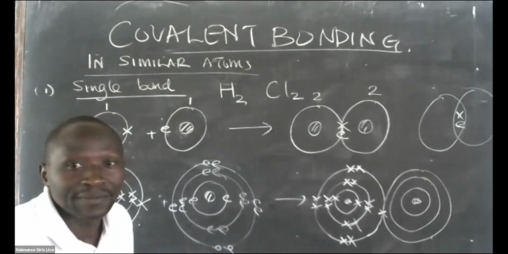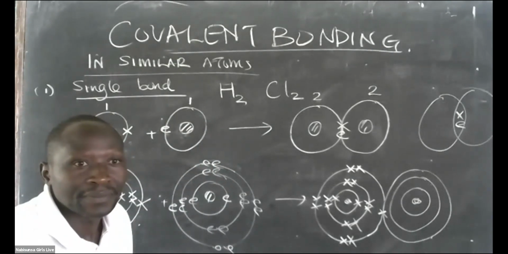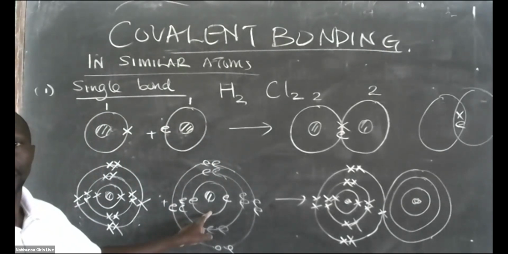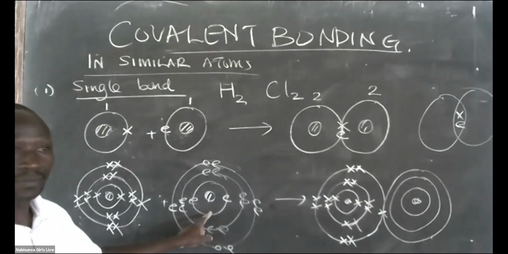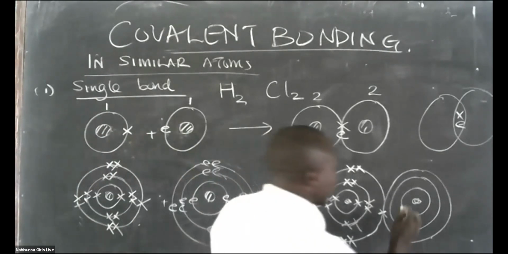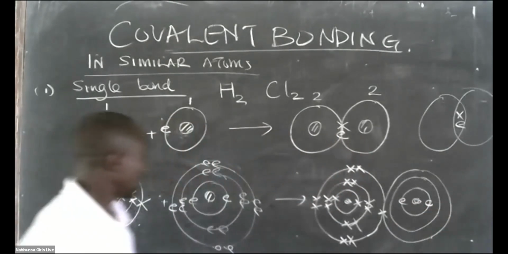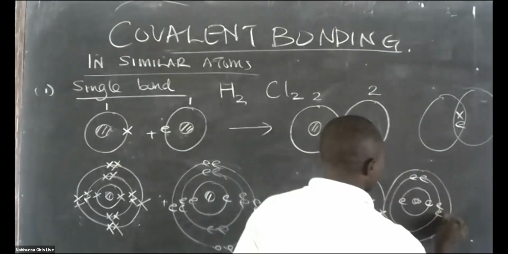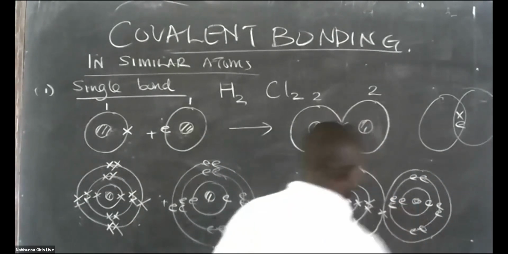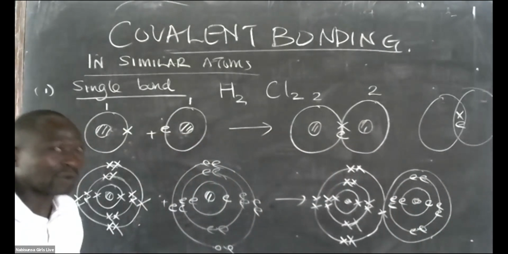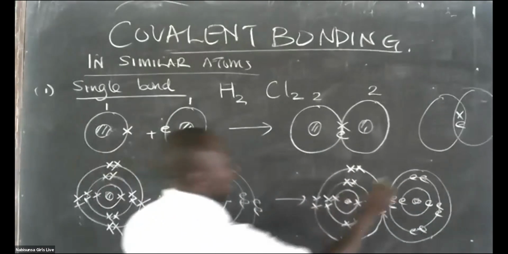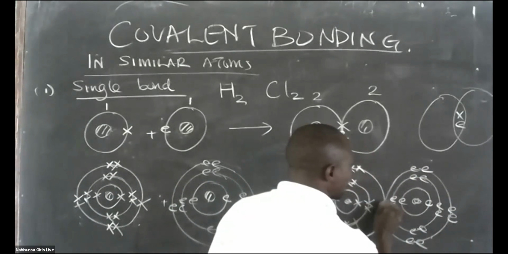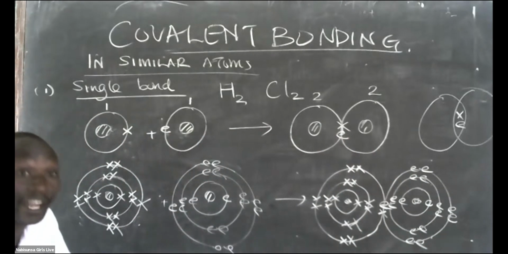Let's try the next. Inside there are two electrons. What follows next? 8. Then the 7 electrons outside. These are the original electrons, and this is the electron that has been brought in a common pool for sharing.